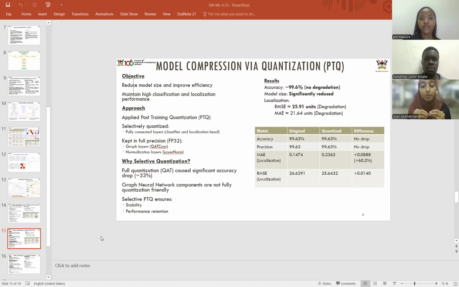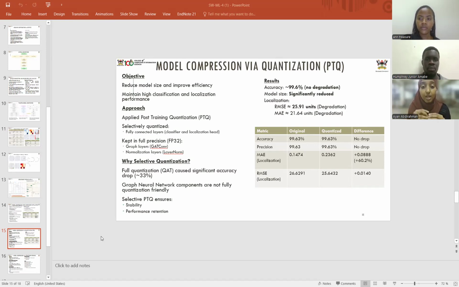The reason we had to be selective is actually a really important one: we first attempted full quantization-aware training of the whole thing, and then the model's accuracy dropped to 33.3, which wasn't very good. So we had to change to quantizing just small parts or layers of it.